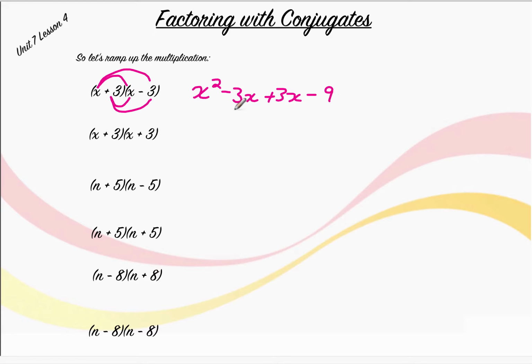I know I can combine these middle terms right here, but I want you to pick up a pattern. Distribute an X to everybody. Distribute a 3 to everybody.